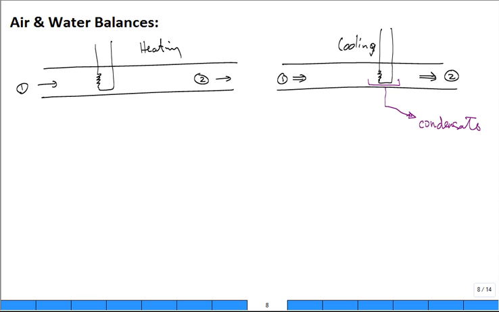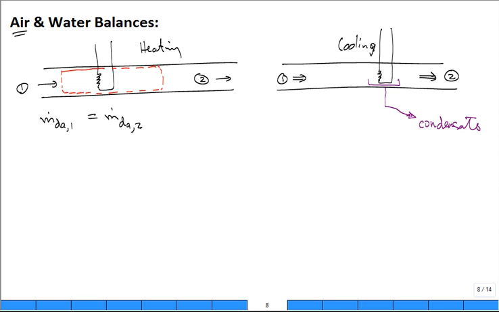All right. So first of all, we'll introduce a little control volume. It's coming in at state 1, leaving at state 2. And we'll do first of all an air balance. The mass flow rate of dry air entering at state 1, that's the only source into the control volume of dry air, is equal to the mass flow rate of dry air leaving at state 2. That's the only way it's going out of the control volume.